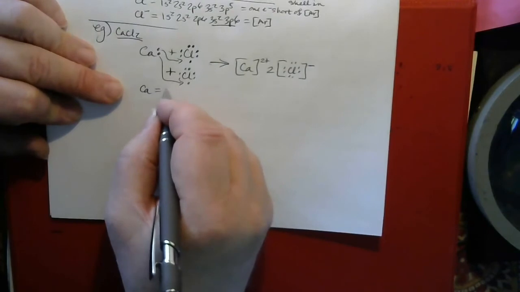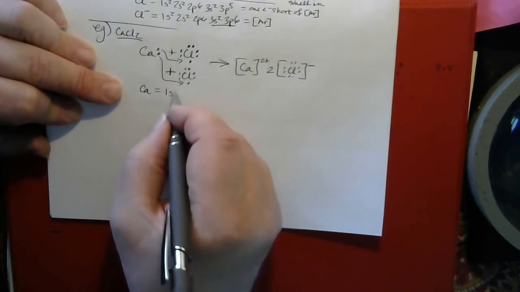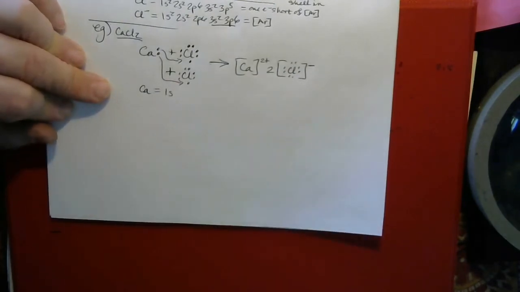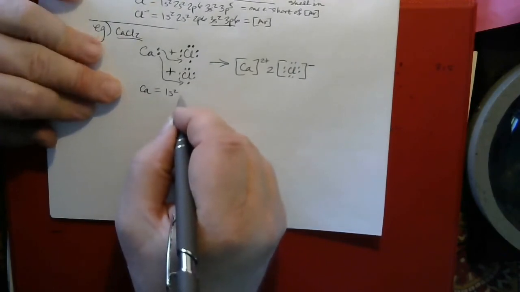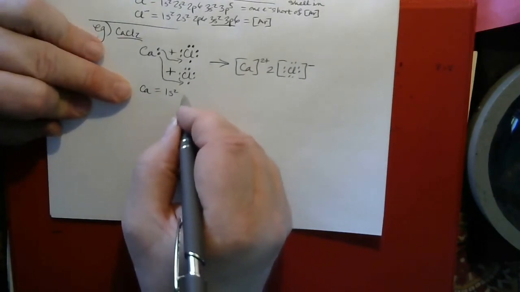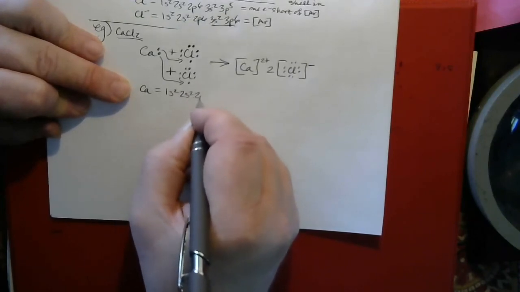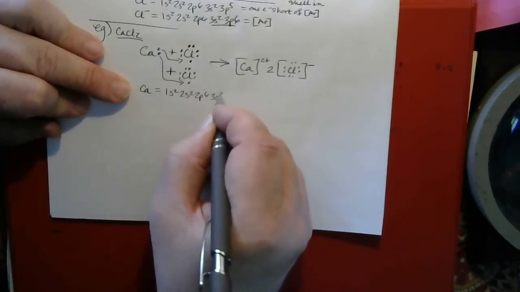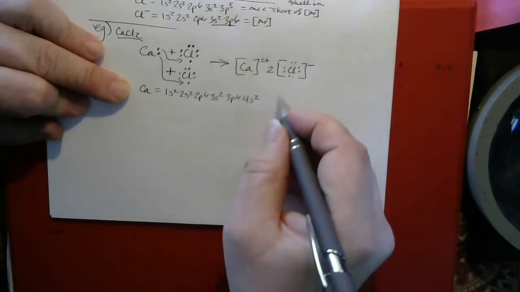So calcium, the element, has 20 electrons, and that puts it 2 electrons beyond argon, which has 18 electrons. So the configuration for calcium metal will be 1s2, 2s2, 2p6, 3s2, 3p6, 4s2.